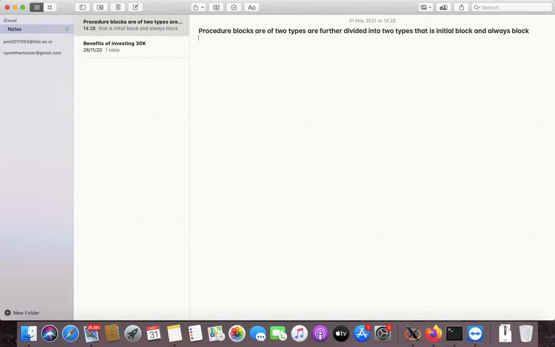The first main difference is that initial blocks are not synthesizable, but always blocks are synthesizable. Okay, so this is the first difference.